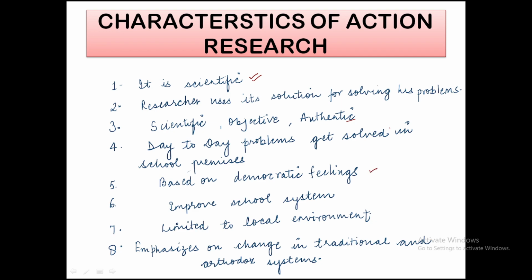It improves the school system and the working conditions of the teachers as well as the students, but it is always limited to the local environment, because the results of action research cannot be generalized to every condition. And it emphasizes changing the traditional and orthodox way of education.